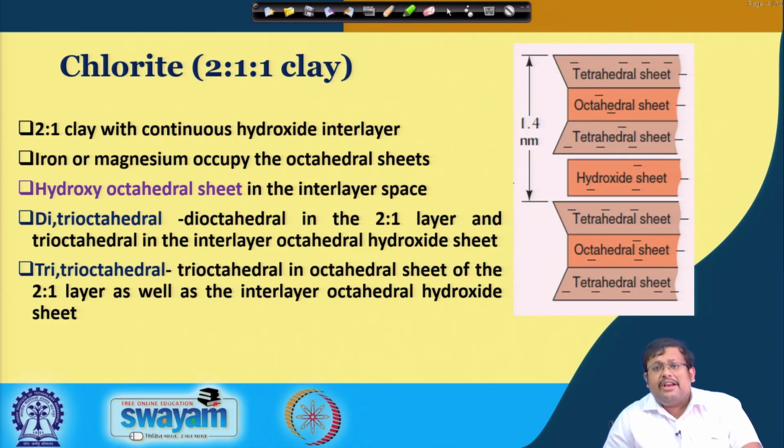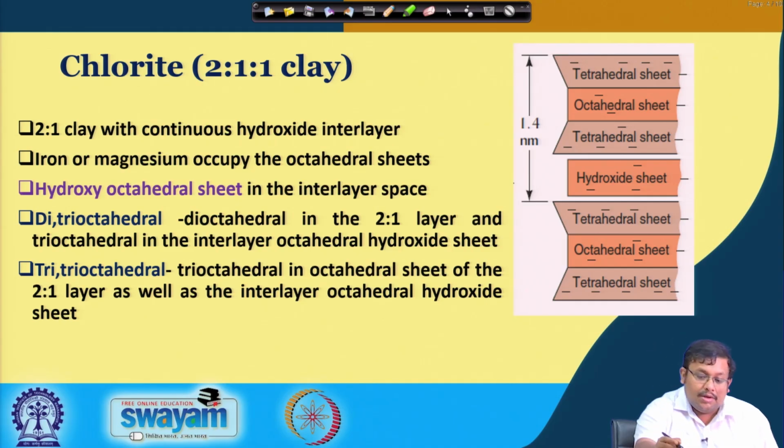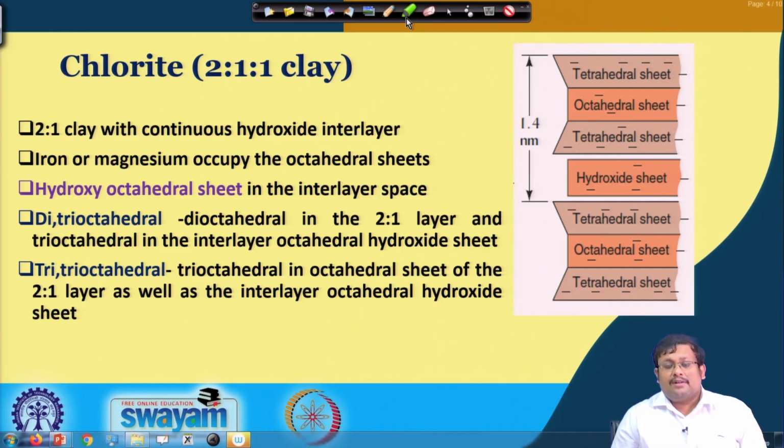So, another very important mineral is chlorite, and we designate the structure of chlorite as a 2:1:1 type of clay, or sometimes we call it a 2:2 type of clay also. So, what are the features of chlorite?